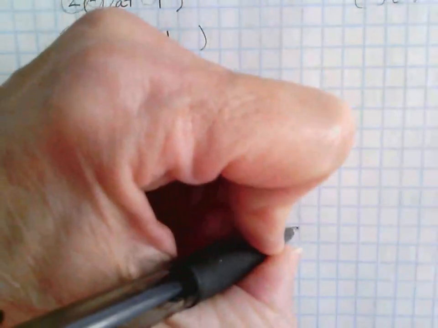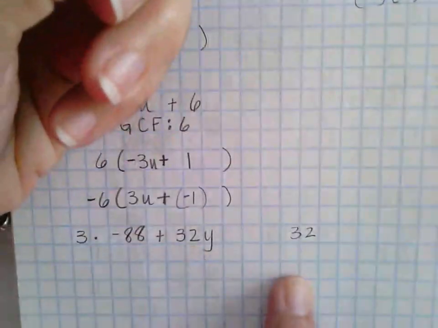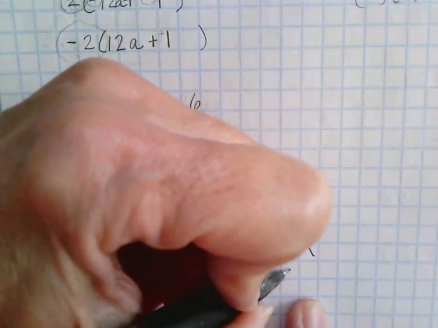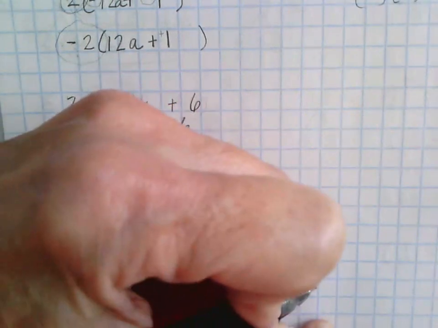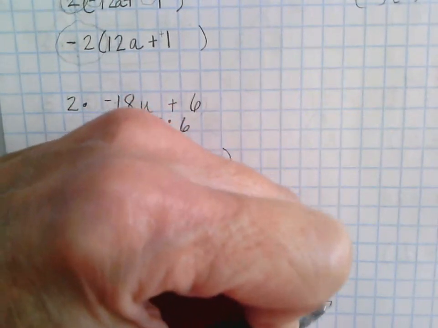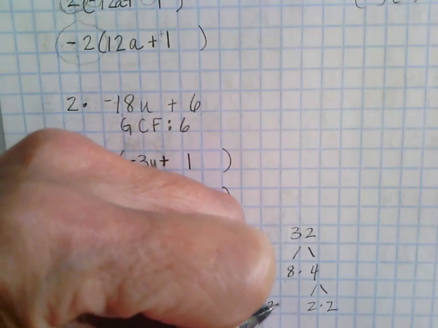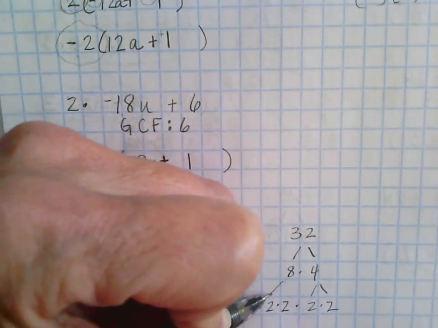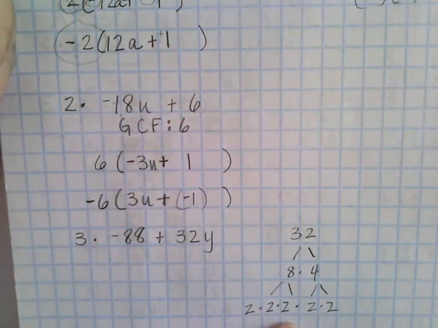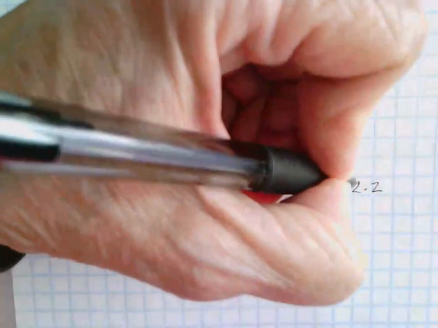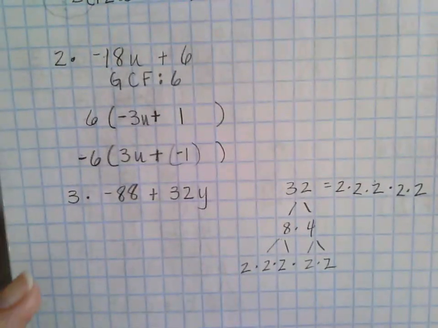And the factors of 32, the prime factorization would be, so that would give me 2 times 2 times 2 for 8. 2 times 2 is 4 times 2 is 8. And 2 times 2 is 4.